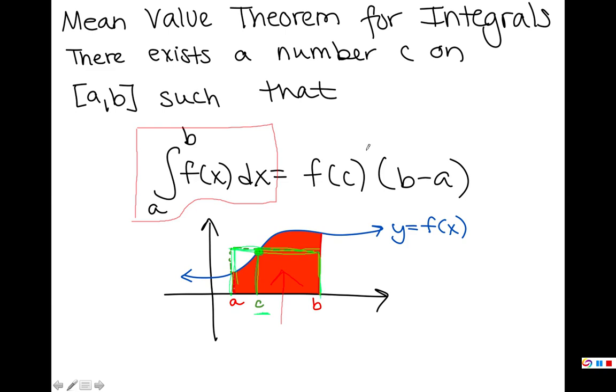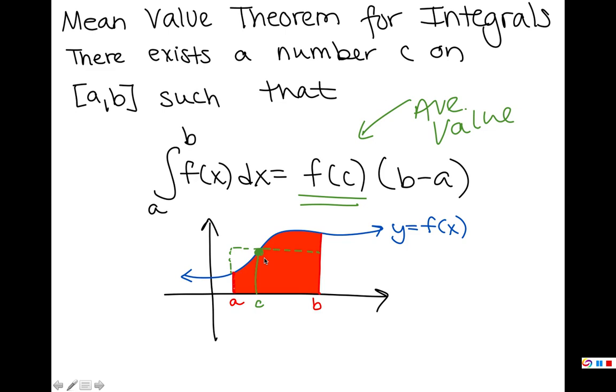And in fact, this f of c right here is called the average value of the function. And I have that written down on the next screen. So that's my mean value theorem for integrals. There is some average value of the function such that you could actually draw a rectangle using that y value to give you the exact same area.